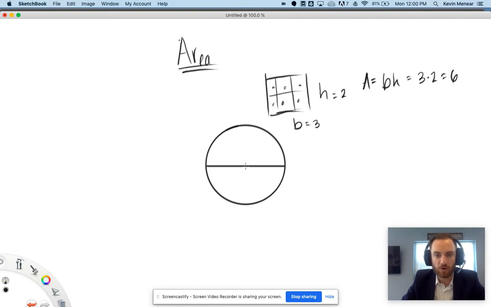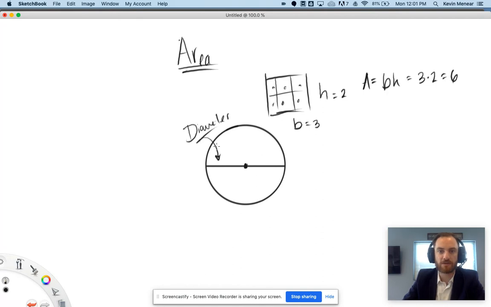And a chord on a circle is a line that goes from one part of the circumference. The circumference is the entire outer edge of a circle. So a chord goes from one point of the circumference to the other point. So that's a chord, but specifically if it goes through the center of the circle, I call this a diameter.